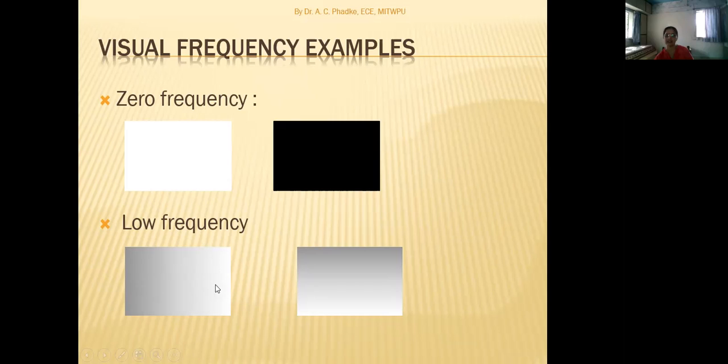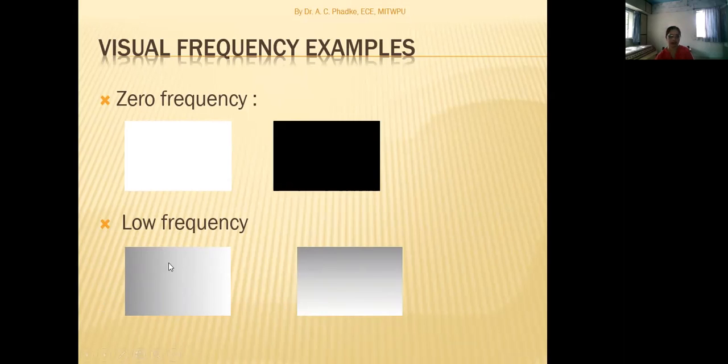So this is an example of an image which has some low frequency component. Similarly, in this image, as you move from the first row to the last row, intensity value slowly increases. So this image also has some low frequency components.